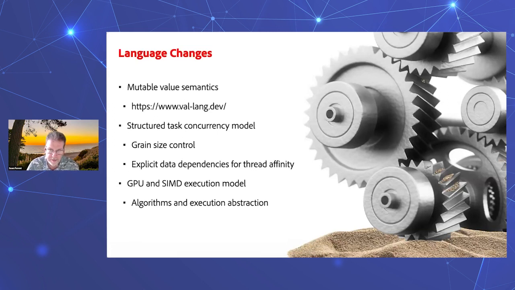So the final piece here is, as I mentioned before, our languages are biased around arrays of structures. To unlock SIMD performance and GPU performance, you actually want to invert that. You want a structure of, I'm sorry, we currently have arrays of structures.